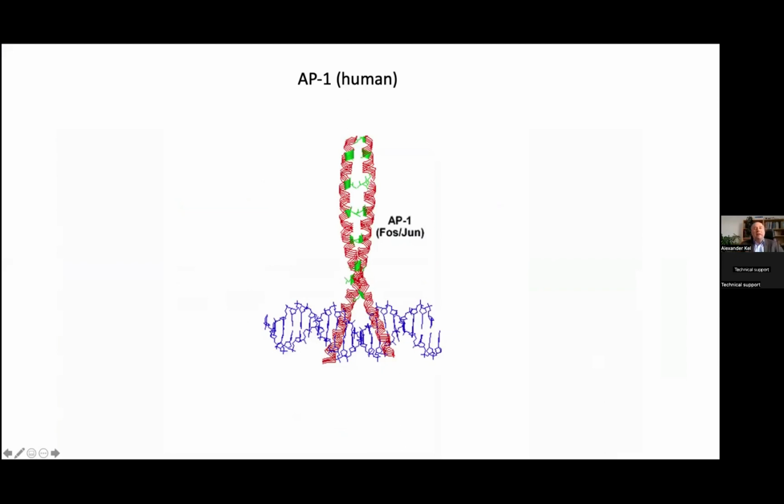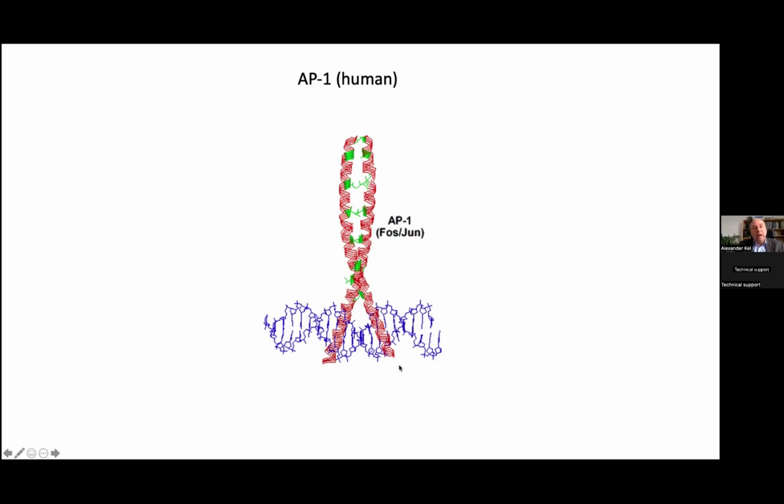So what you see here is a transcription factor, AP1. And as you know, TRANSFAC is a database about transcription factors and their binding sites. Now we're dealing with these very important proteins, which are living and functioning in the nucleus of the cell. They bind to the DNA in a specific manner, in special places which the transcription factors can recognize.